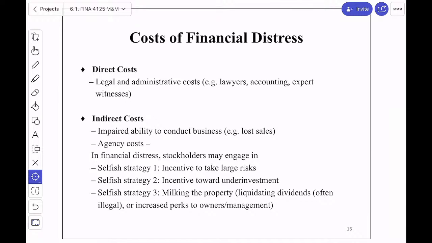We've seen that in the past, which is ironic in the case of financial distress. A firm is doing poorly. Why are they paying themselves bonuses for what? But this can happen.